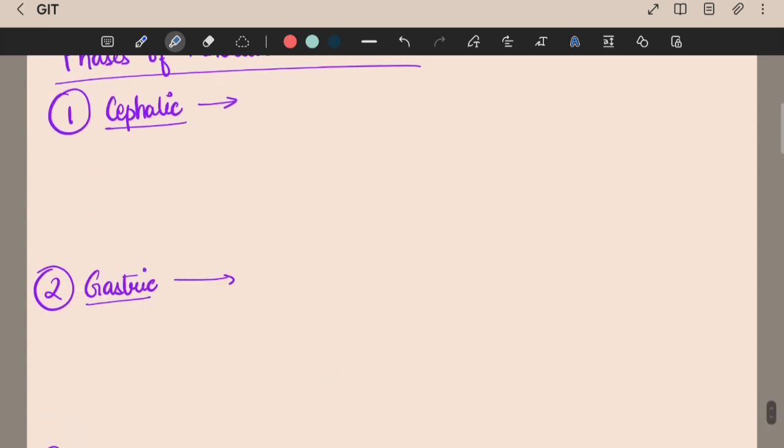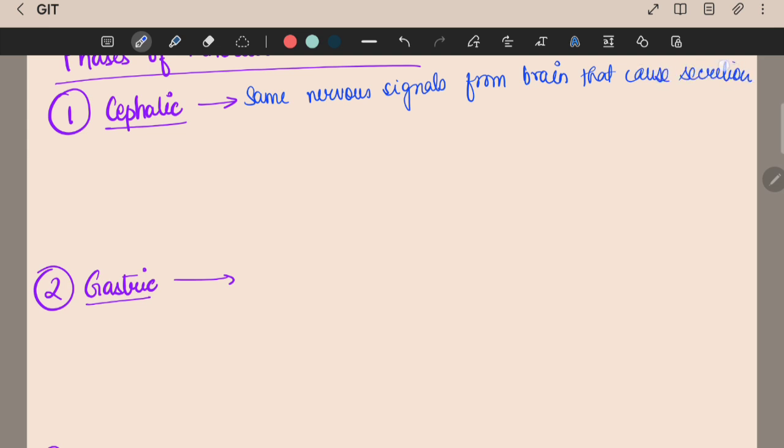In the cephalic phase of pancreatic secretion, it is basically the same nervous signals from the brain that cause secretion in the stomach. They also cause vagal release of acetylcholine by the vagal nerve endings in the pancreas.